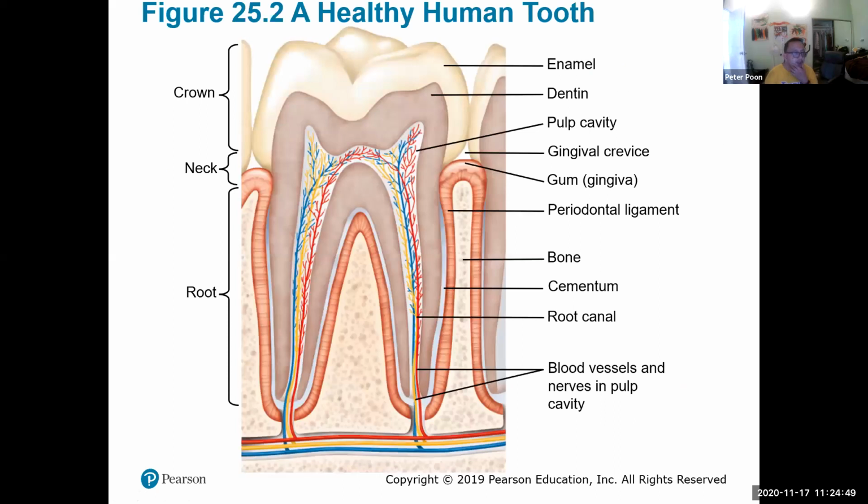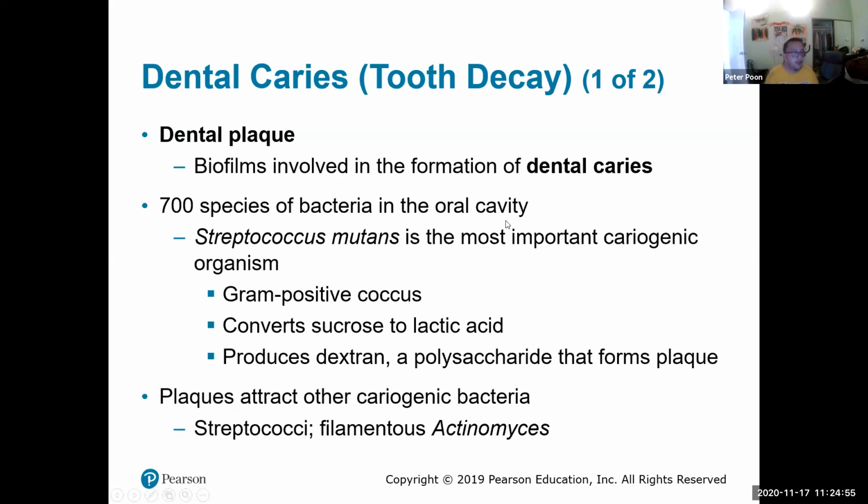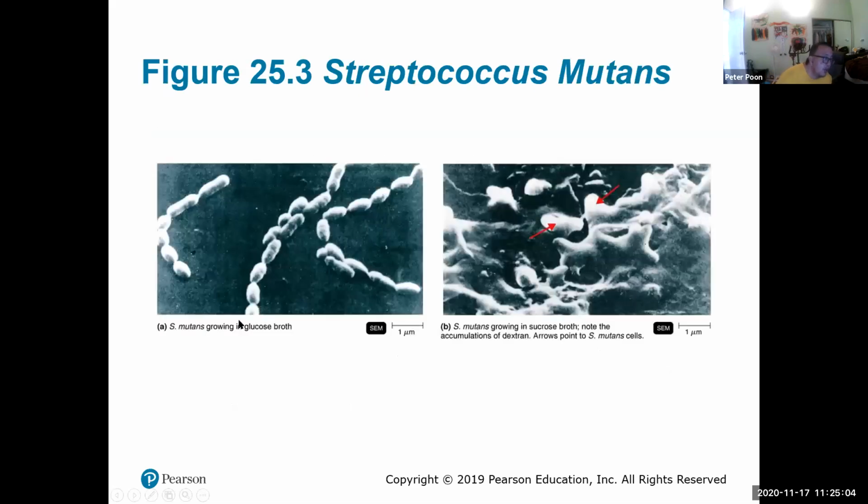All right. So diseases of the mouth. So this is your gums, right? Okay. So the first thing that forms is dental plaque. Okay. The dental plaque is a biofilm. So here, it's actually done by S. mutans. Okay.